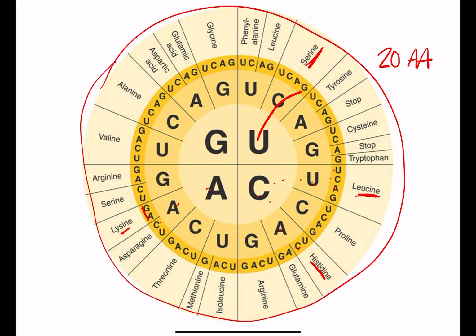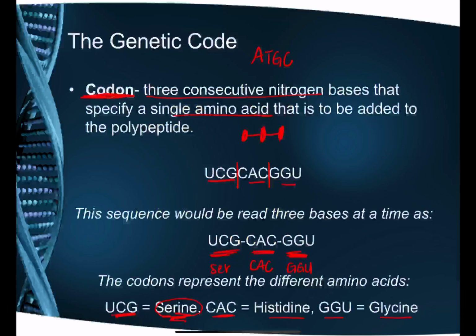So these are the 20 amino acids coded for by a codon. Okay? Codons are mRNA. This sequence you read from the mRNA, not from the DNA. That's why it's got the U in it, because the U comes from the mRNA. All right?